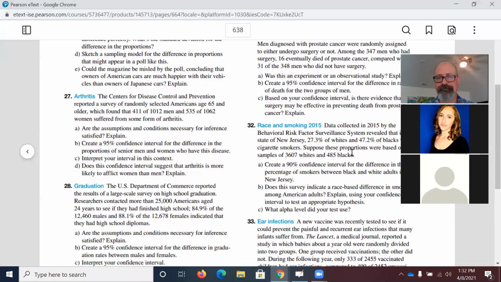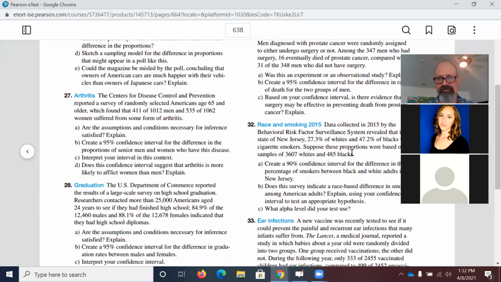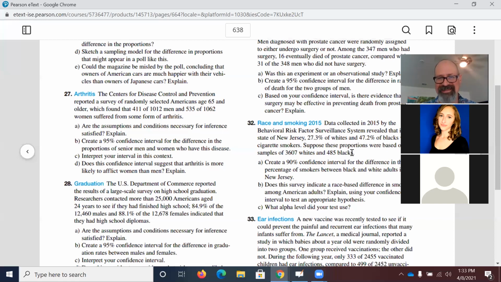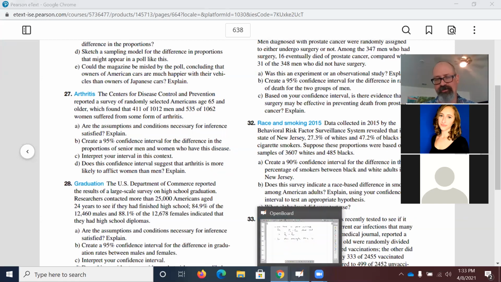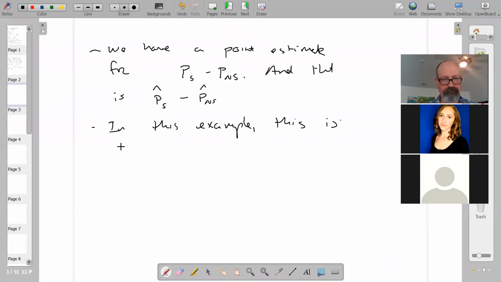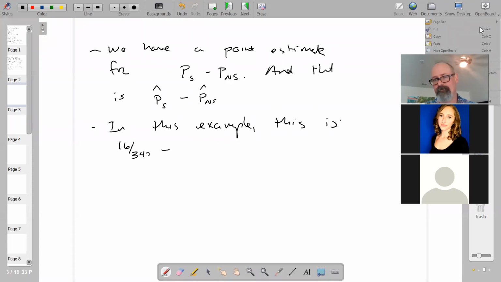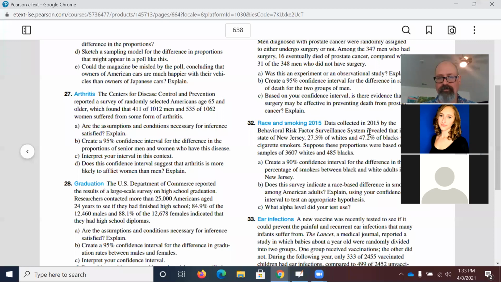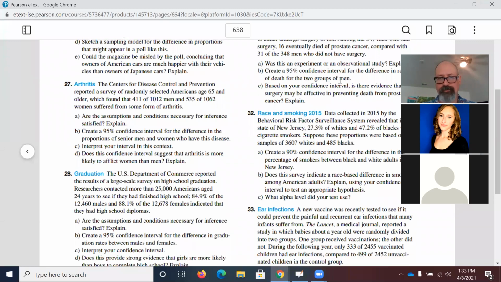So you have 347 men in the random sample who were in the surgery group, and 16 died. So I think we would regard that proportion as being 16 over 347, minus the no surgery group, and that's 348, its total size, and the number of people who died there was 31.